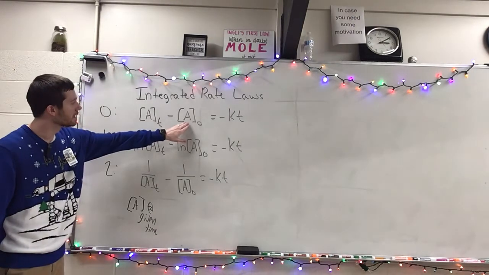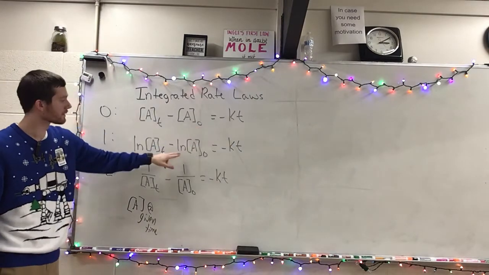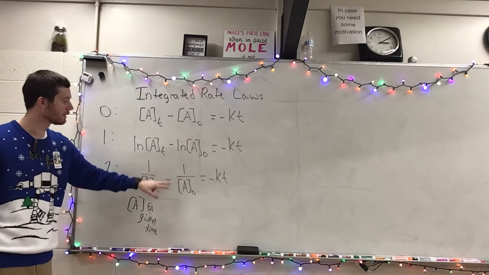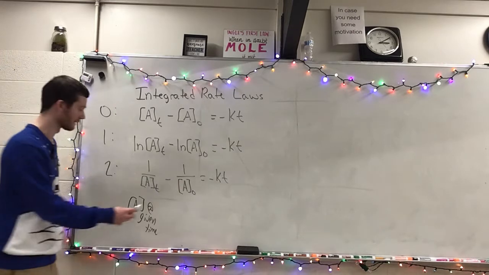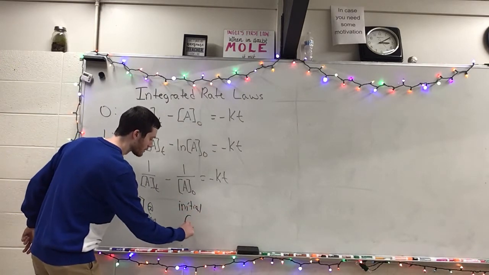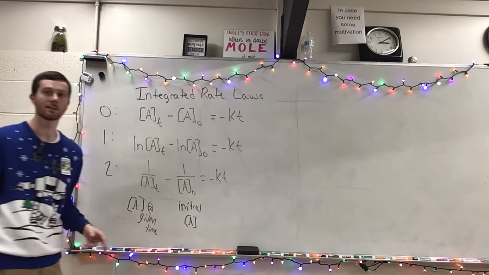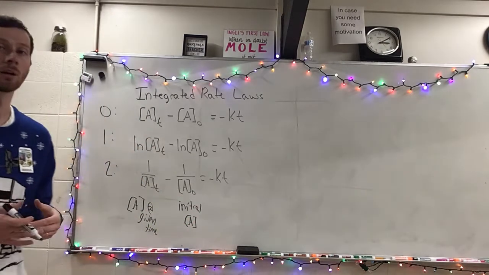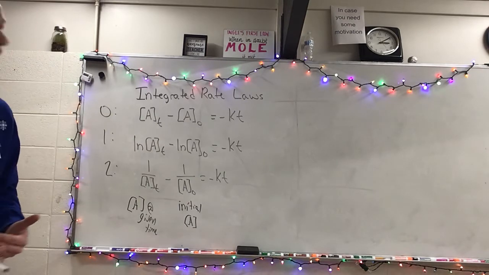The next piece here has A with the subscript of 0, or ln of A with the subscript of 0, or the reciprocal of A with the subscript of 0. This is just your initial concentration of A. The reason it's a 0 is because it's at time 0, which is the beginning of the reaction.